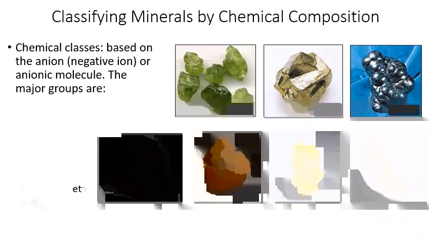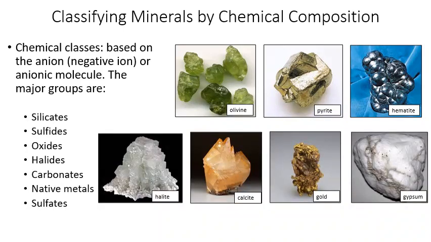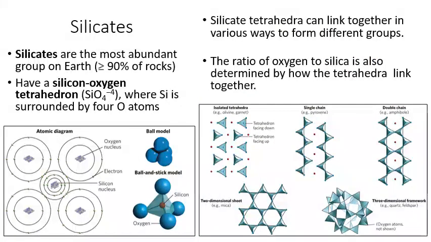The final slide of part 2 discusses the silicates. We could go into detail about the chemical composition for each mineral group, but the most important by far are the silicates because they are the most abundant group of minerals on Earth and compose more than 90% of rocks.